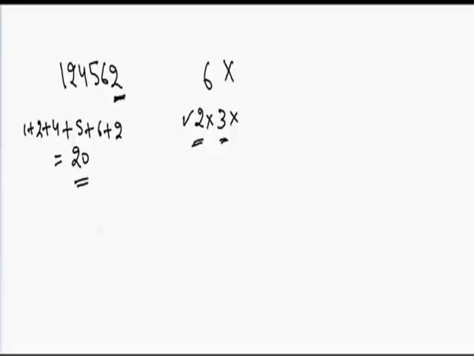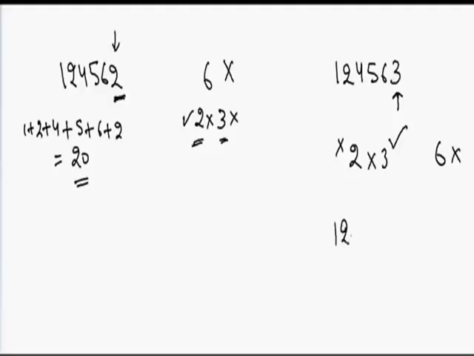But how can we modify this? We can modify this by adding one more number. So if I add one more number here, then it will become 1 2 4 5 6 3. It is divisible by 3 but not by 2. So still, if we talk about 6, it will not be divisible by 6. Another modification we can make is to add another 6 here.